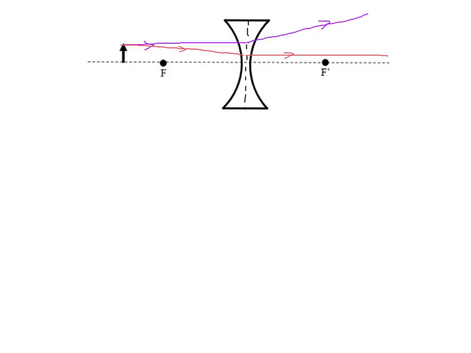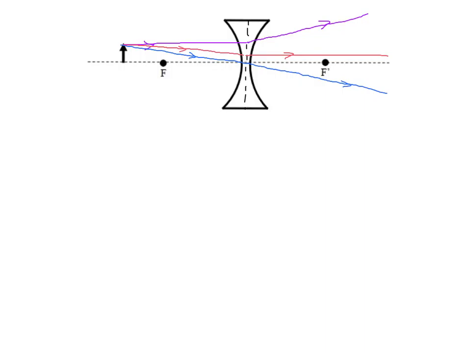And then the third ray is the midpoint one, so we'll just go straight to the center of the lens and keep it going on the other side. You can see that all three of these rays are diverging away from each other, which means that we're going to have to trace them backward to find the location of the image.